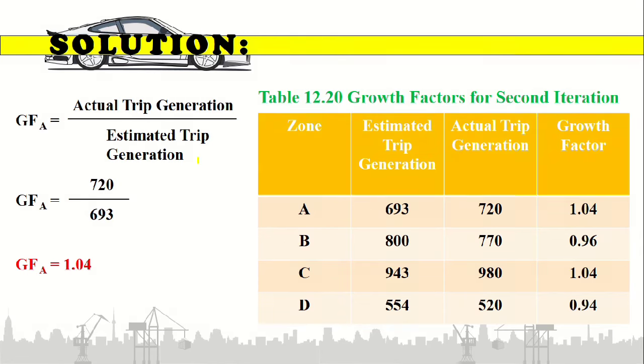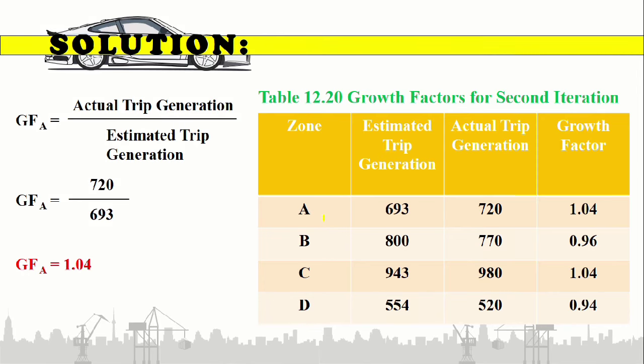So, the same process using this formula, makukuha din natin yung growth factor for second iteration sa B na 0.96, sa C, which is 1.04, then sa D, which is 0.94. Kung mapapansin natin dito sa table 12.20, yung total trips for each zone is not equal to the values of future trip generation.